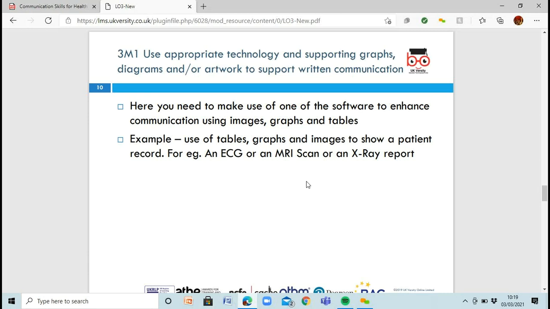It shows that somebody has broken an ankle, and then you can say this information. This is a digital image where you're taking a picture of the bones and so on. Obviously, just explain what you've added in. So it's quite self-explanatory. It's quite simple. So learning outcome 3 is quite a nice, simple one to answer when you come into your assignment.